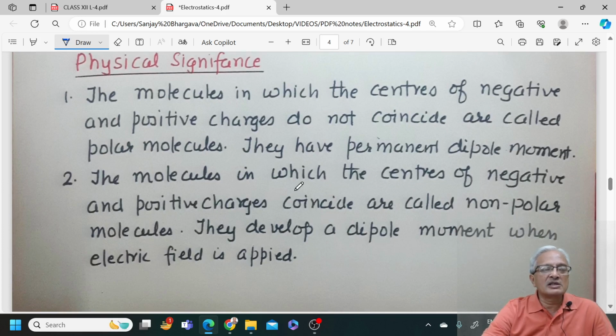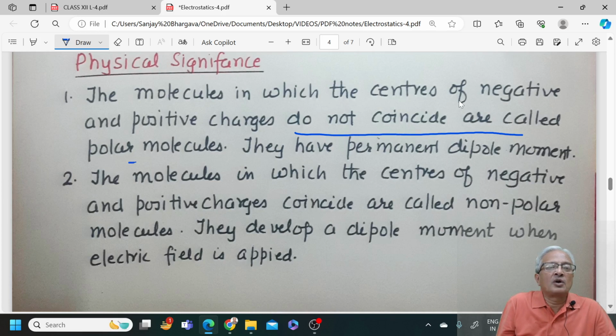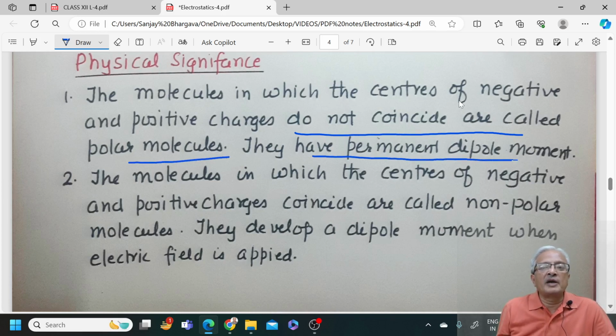Now let us discuss the physical significance of electric dipoles. There are molecules in which the centers of negative and positive charge do not coincide, and they are basically called polar molecules. They have permanent dipole moment. Whenever such molecules are kept in the external field, what happens?